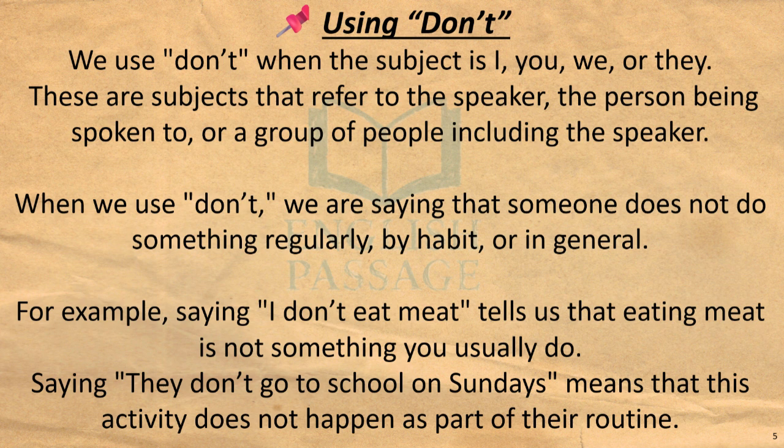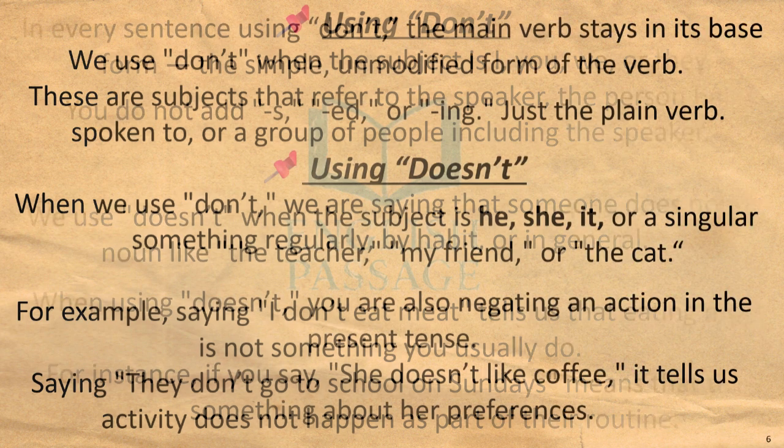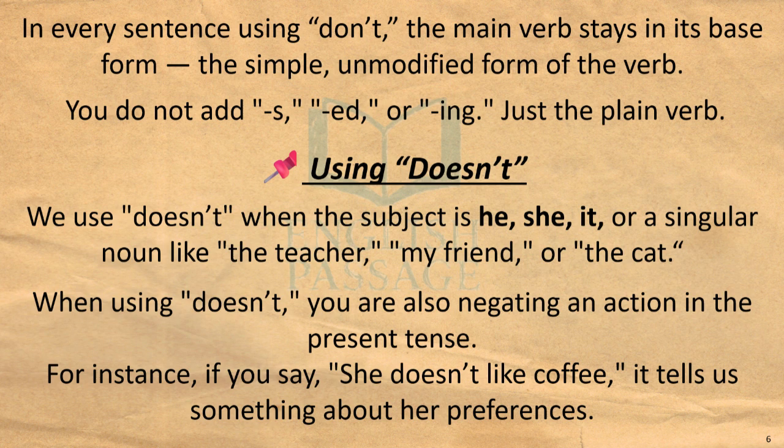Saying they don't go to school on Sundays means that this activity does not happen as part of their routine. In every sentence using don't, the main verb stays in its base form, the simple, unmodified form of the verb. You do not add s, ed, or ing, just the plain verb.